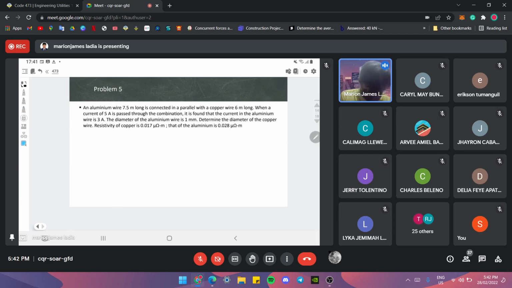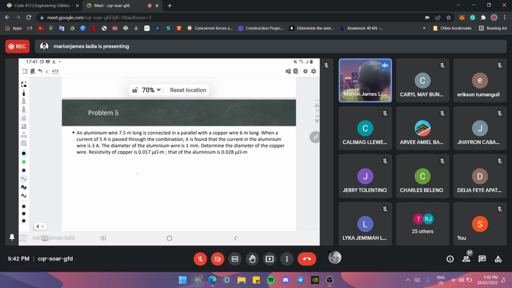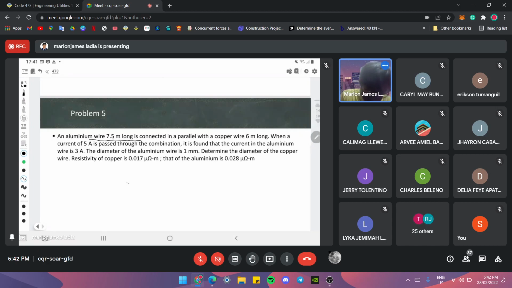So, an aluminum wire is 7.5 meter long. Okay, connected in parallel with a copper wire which is 6 meter long. So, pag gusto natin i-visualize, basahin ko muna.